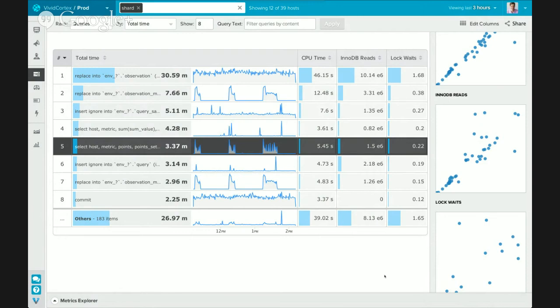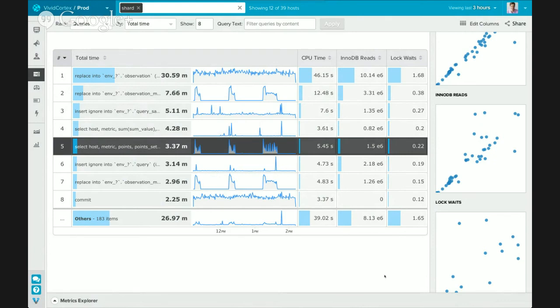And part of the reason for that is that we have different dimensionalities. So CPU time is tightly related to the total time, partly because their dimension is both time. The relationship between the query time and lock weights is not quite so strong, and part of that is probably because the dimensions of that are different.